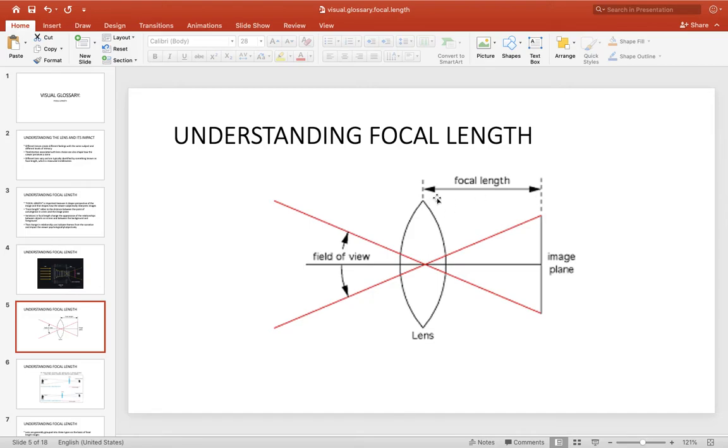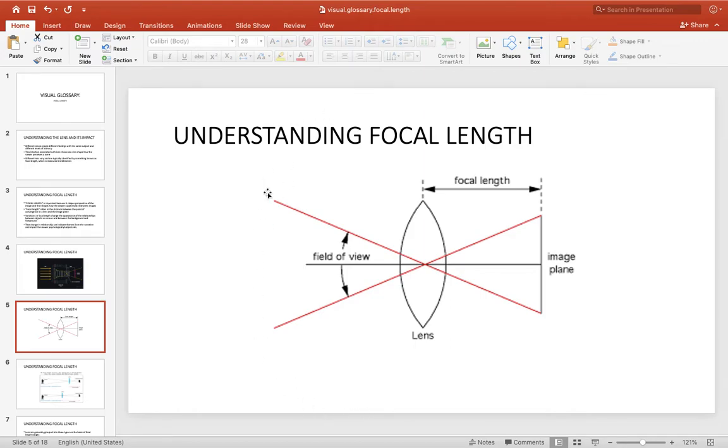The change in focal length explicitly alters the angle of the field of view. The longer the focal length is, the more narrow the angle of the field of view. The shorter the focal length is, the wider that field of view.